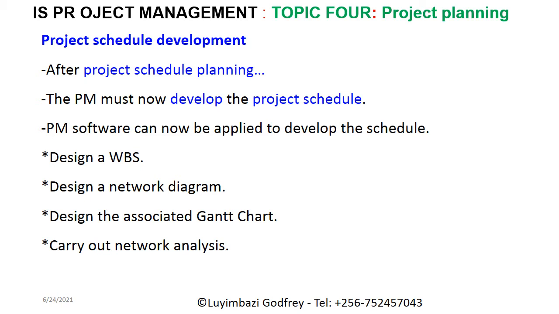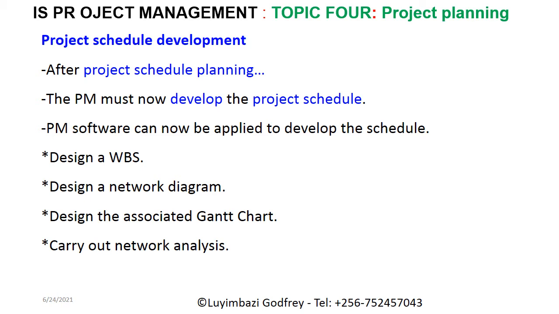There are terms like critical path. What is a critical path? A critical path is a series of activities that must be done without fail, without any delay, and they determine the longest path through a project and must not run behind the schedule. So this is what we call a critical path, and the activities there are the critical activities.